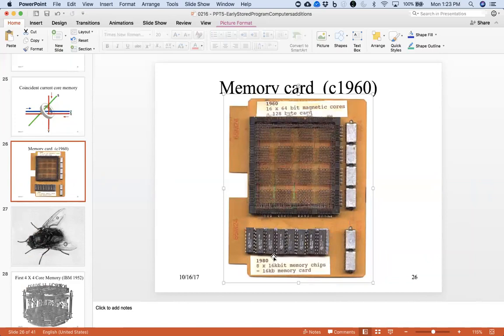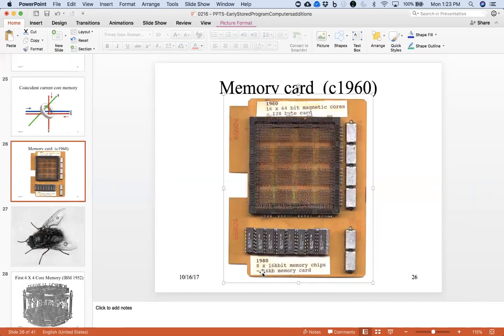This card down here, these chips down here, each one of these is a 16 kilobit chip. You see that? Each one of those is 16 kilobits, and then there are 8 of them. So this is a 16 kilobyte memory card.